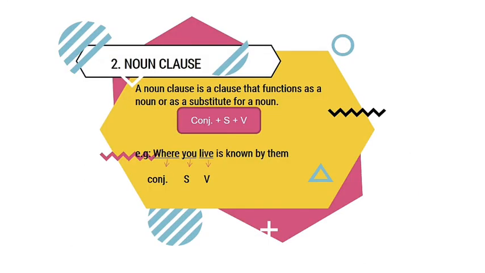Number 2, noun clause. A noun clause is a clause that functions as a noun or as a substitute for a noun. Jadi, noun clause adalah klausa yang berfungsi sebagai kata benda atau sebagai pengganti kata benda. Rumusnya adalah conjunction plus subject plus verb. For example, where you live is known by them. Where jadi conjunction, you jadi subject, and live jadi verb.